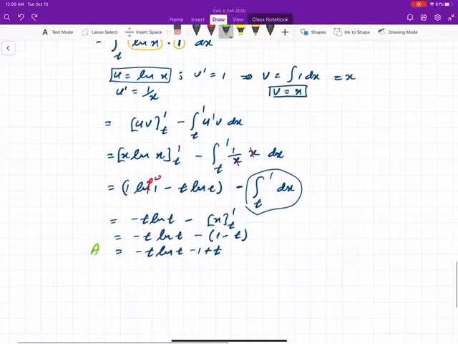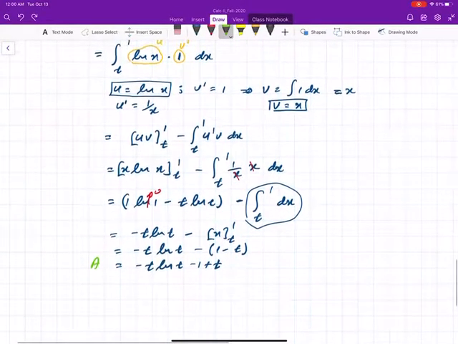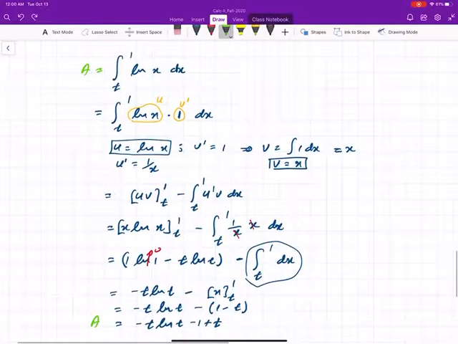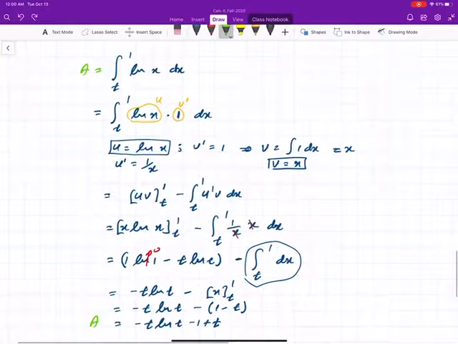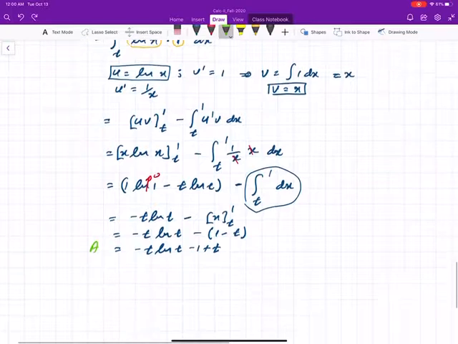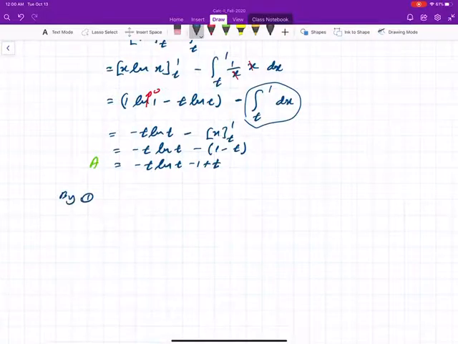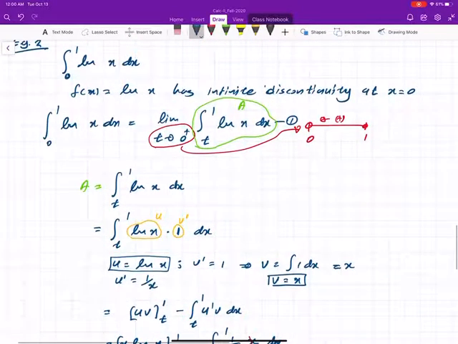Alright, so go forward. Now go by equation 1, that means this equation here.